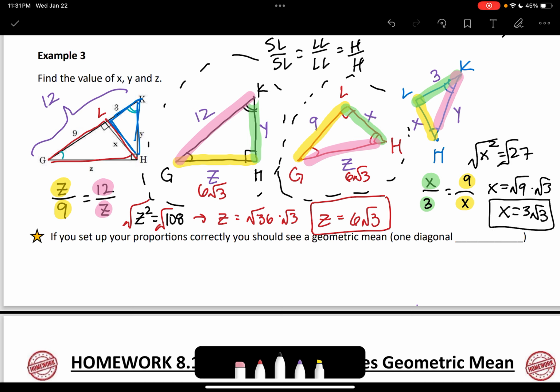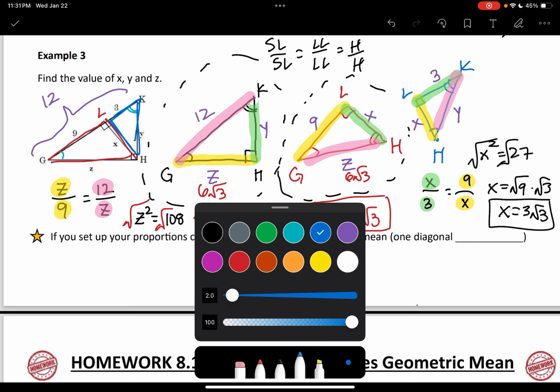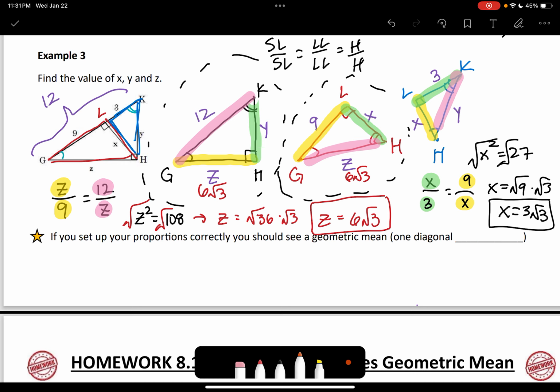And then lastly, we just have to find y, right? So if I want to find y, I see y is in the first triangle and the last triangle. Right? So let's do this in a different color so it doesn't get difficult to read here. So if I want to find y, then why don't we start setting up a proportion with y? So looking at the first triangle, y is in the color green.